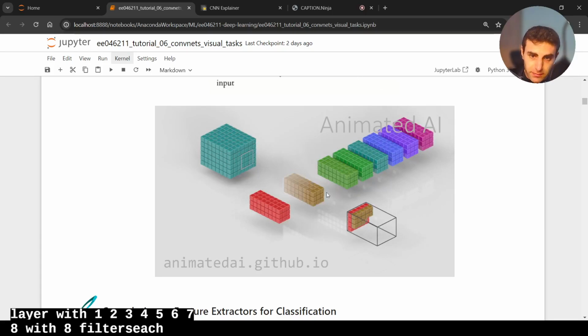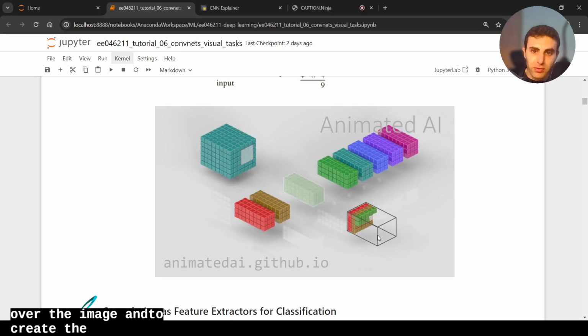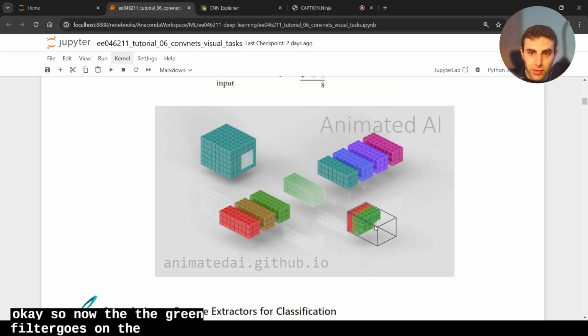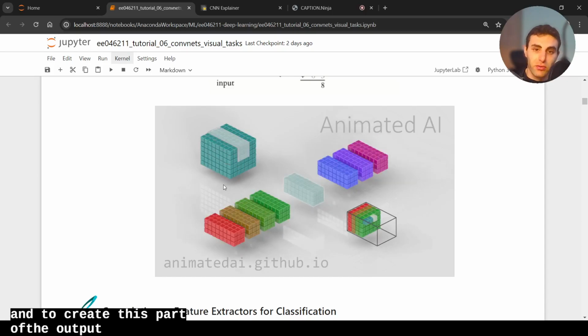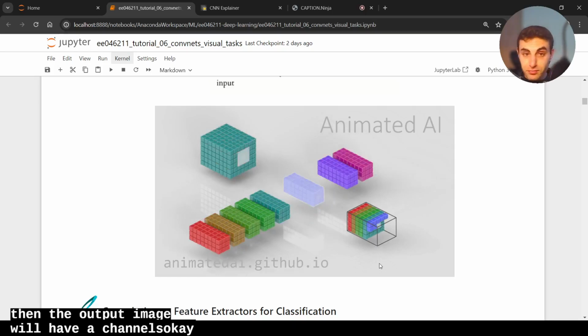Each filter performs its own operation over the image to create the output image. Okay, so now the green filter goes on the image to create this part of the output image. So if we have 8 filters, then the output image will have 8 channels. Okay.